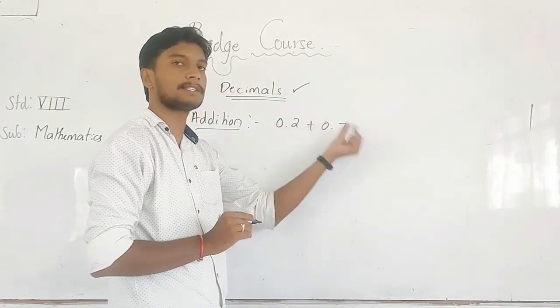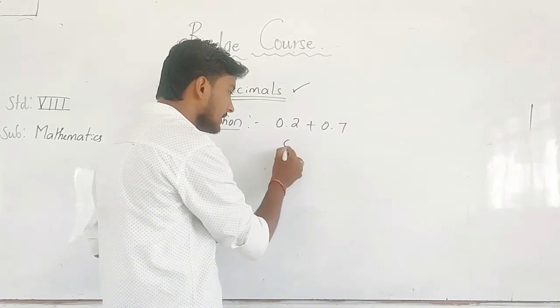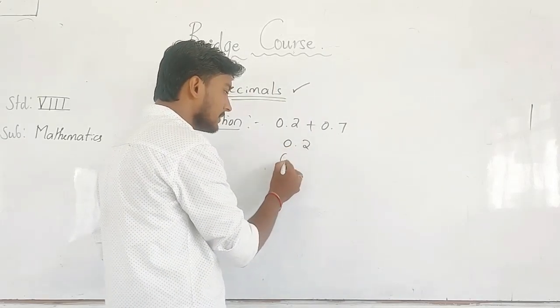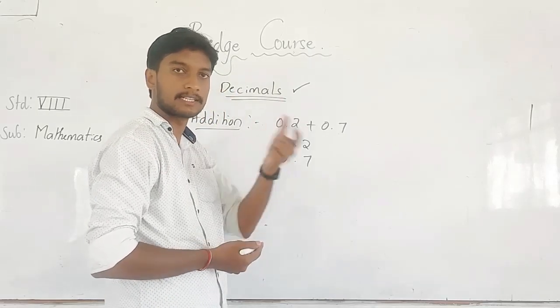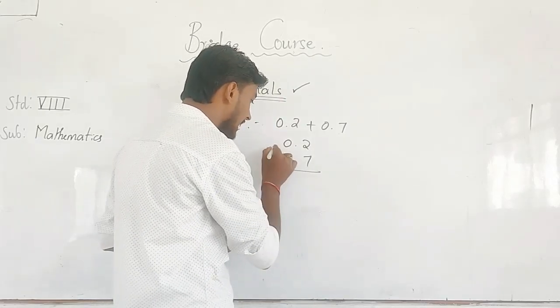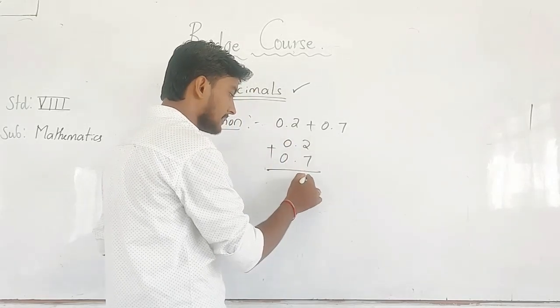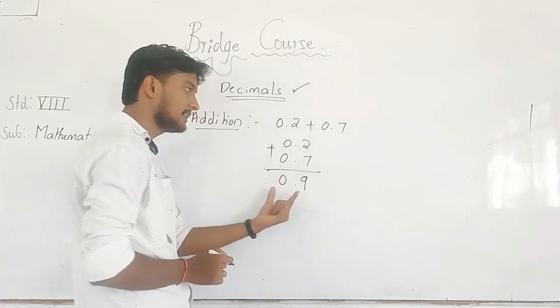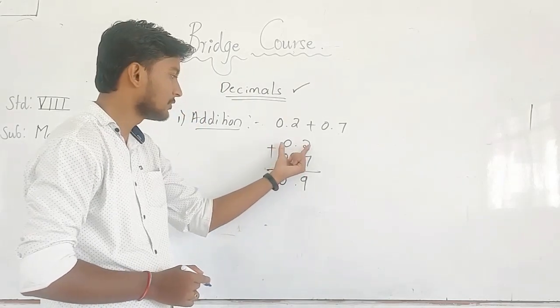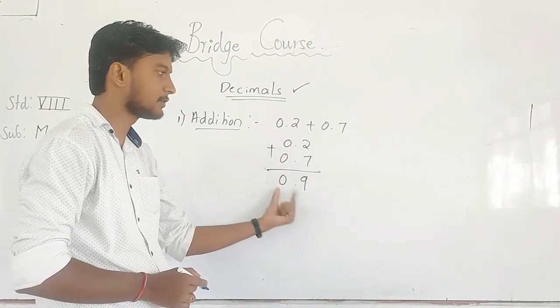These are the two decimals we have to add. First write 0.2 and next 0.7, below the dot write again a dot, and the next number below. If you add, 2 plus 7 is 9, the point stays as it is, 0 plus 0 is 0. The answer is 0.9. 0.2 plus 0.7 is 0.9.